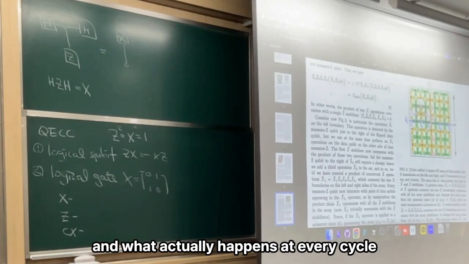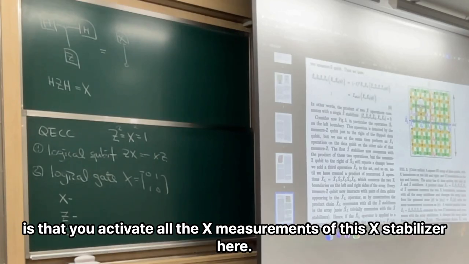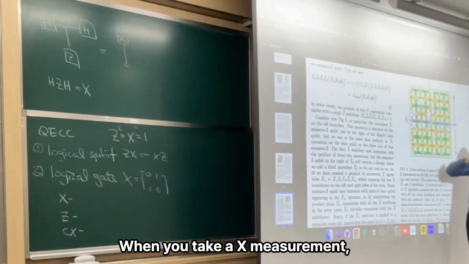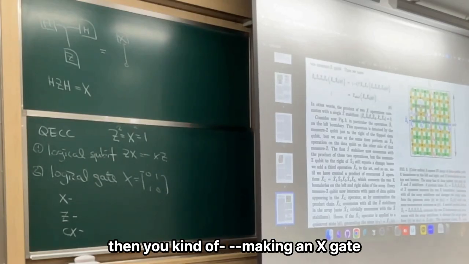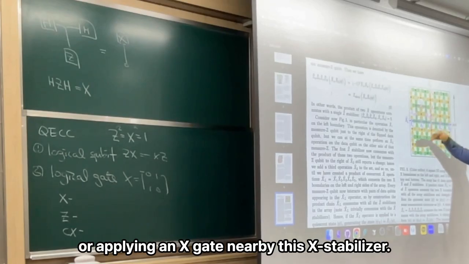What actually happens at every cycle is that you activate all the X measurements of the X stabilizer here. When you take an X measurement, you are applying an X gate nearby this X stabilizer.